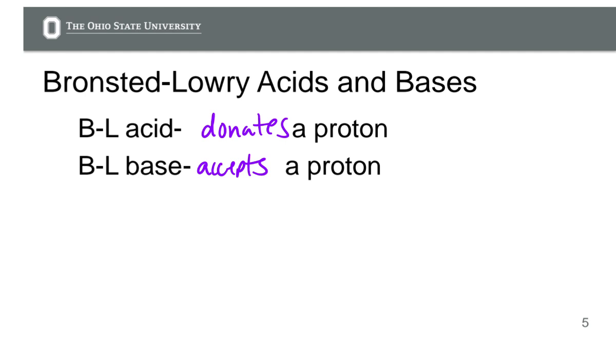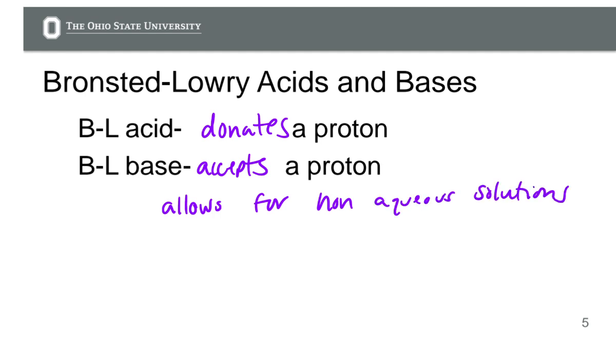This allows for non-aqueous solutions, so it's less limiting than Arrhenius. But it is not the most encompassing definition that we're going to talk about. We are going to also talk about the Lewis definition of acids and bases, but we're not going to talk about that until Monday.